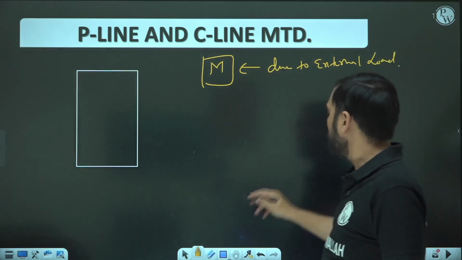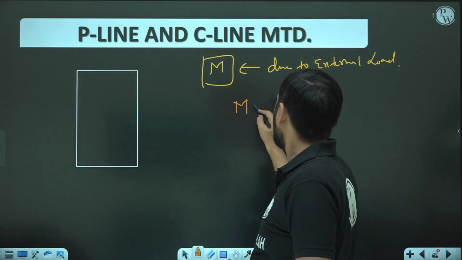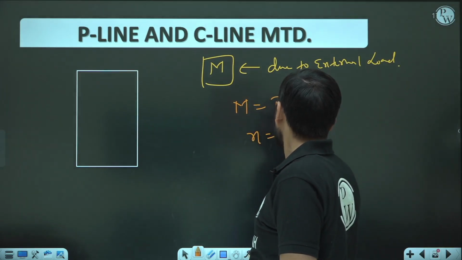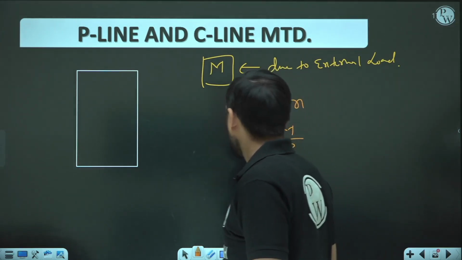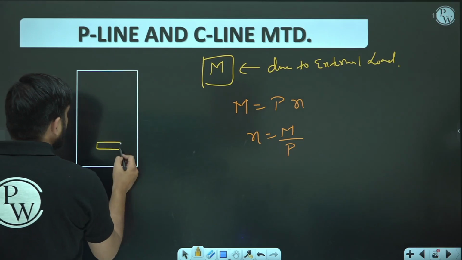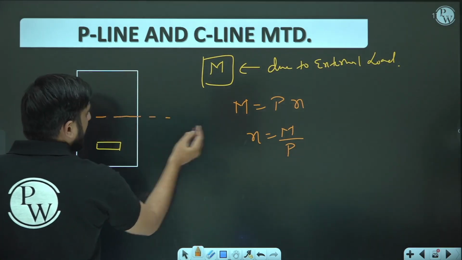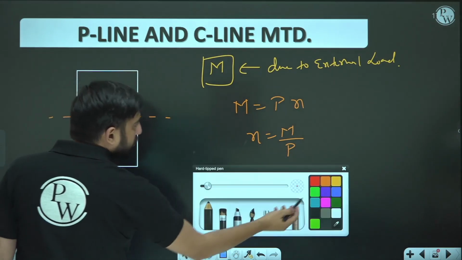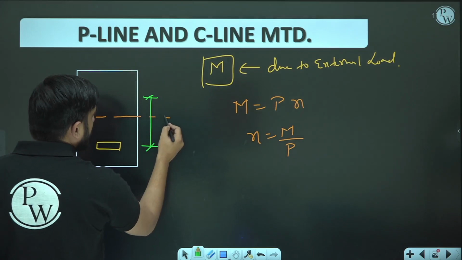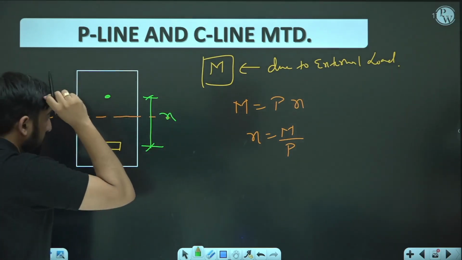With respect to the pre-stressing line, you will be able to calculate the eccentricity of the compressive thrust. For example, let's suppose this is your pre-stressing line and this is your centroidal axis, and let's suppose X bar is coming out somewhere here. This is the location of compressive thrust.